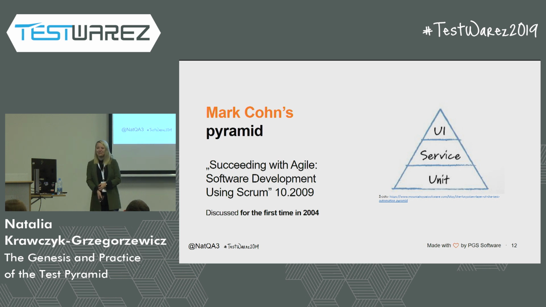So for the first time, Mike Cohn presented the test pyramid approach in his book called Succeeding with Agile. But I also saw, I think, on Martin Fowler's blog that Mike Cohn first discussed it together with Lisa Crispin and then presented it at some Scrum gathering in 2004. His idea was very simple.